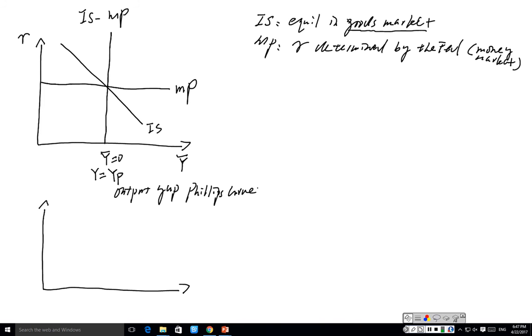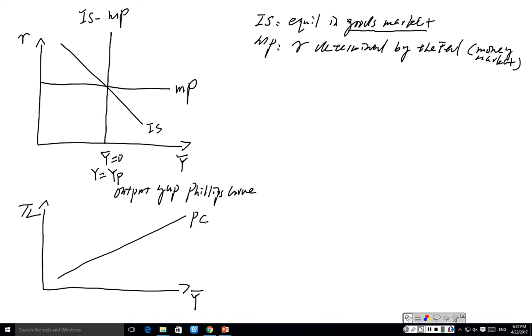But for the output gap version of the Phillips curve, we put the inflation rate here, but instead of the unemployment, we put the GDP or output gap here, y bar. As a result, the output gap Phillips curve is an upward sloping curve.